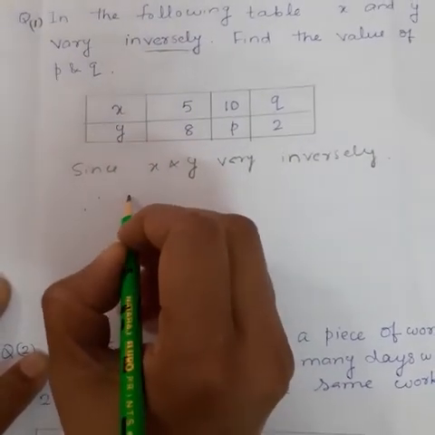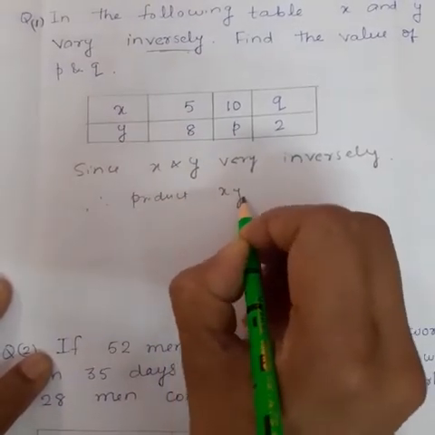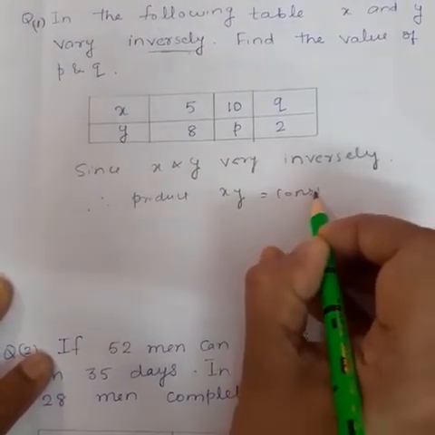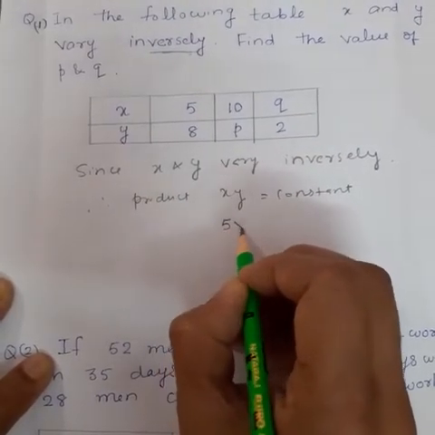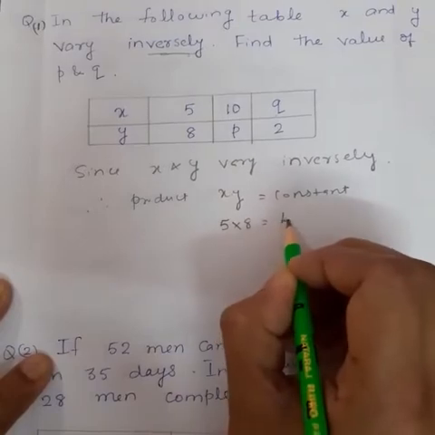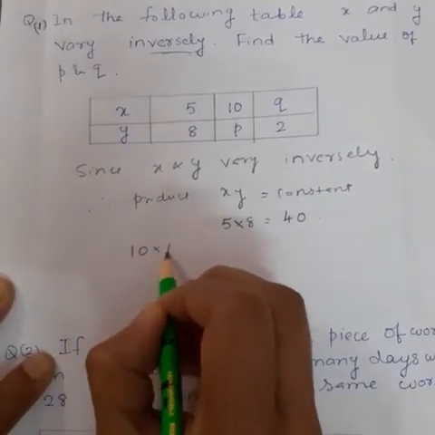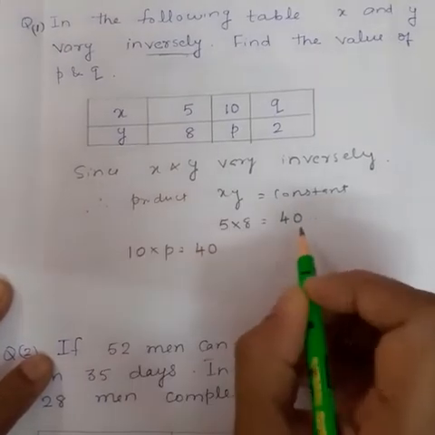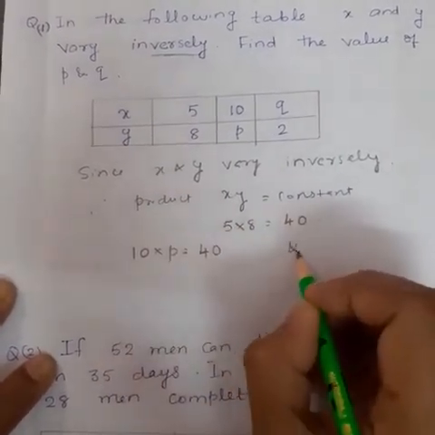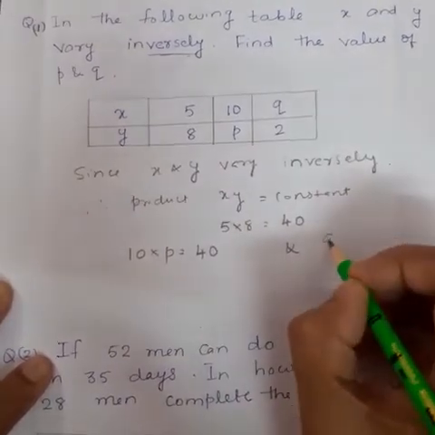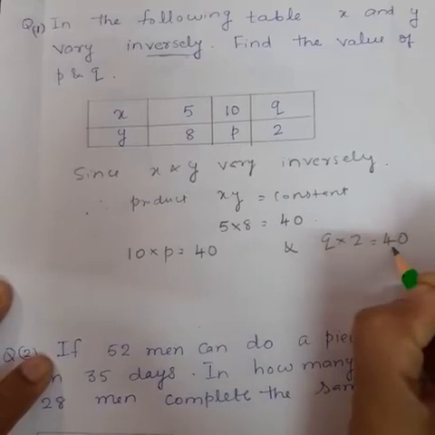Here x into y is equal to 5 into 8, which is equal to 40. So 10 into p should also be equal to 40, since the product is a constant, and q into 2 should also be equal to 40.